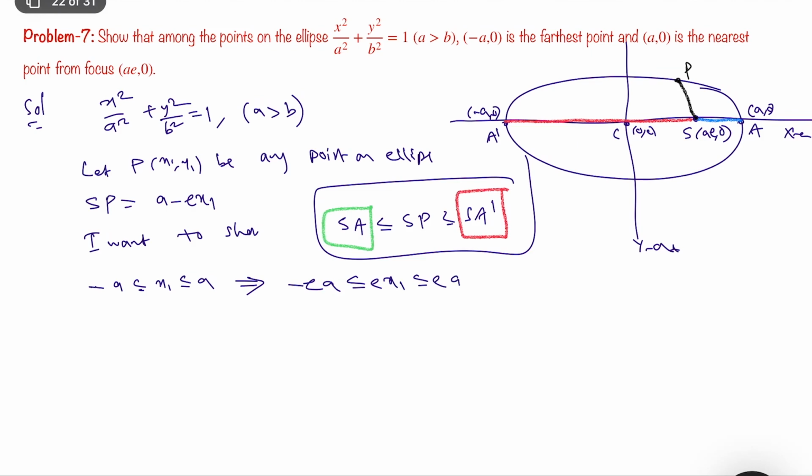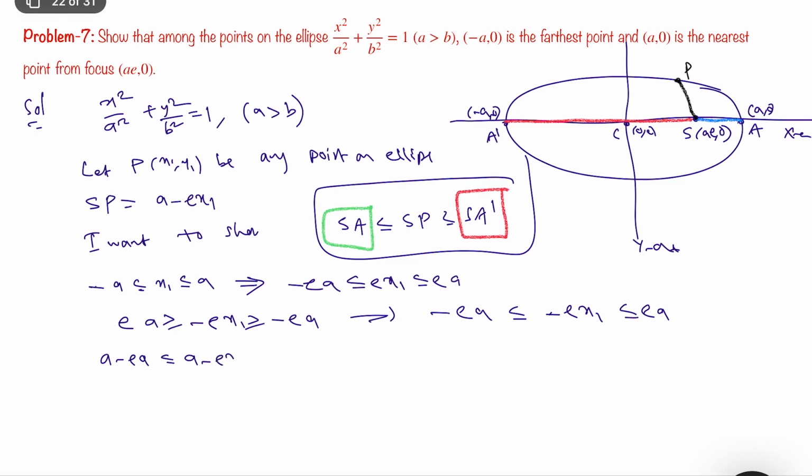Again, if I multiply each side by minus one, then the inequality gets reversed. So let me write it like this: minus ea is less than or equal to minus e x1 is less than or equal to ea. Now, if I add a to each side, then we have a minus ea is less than or equal to a minus e x1 is less than or equal to a plus ea.